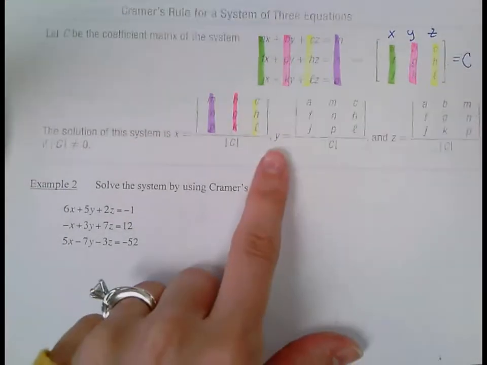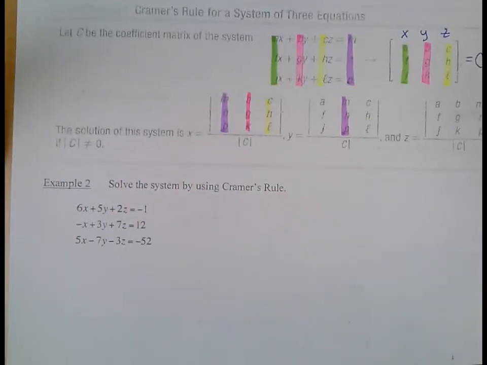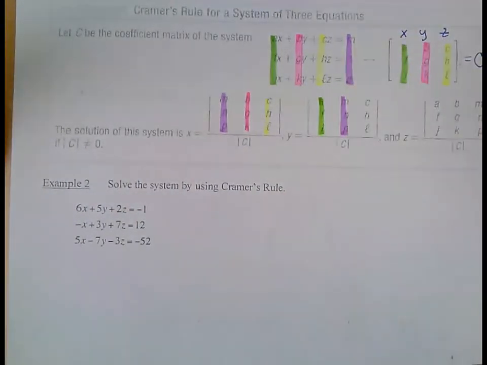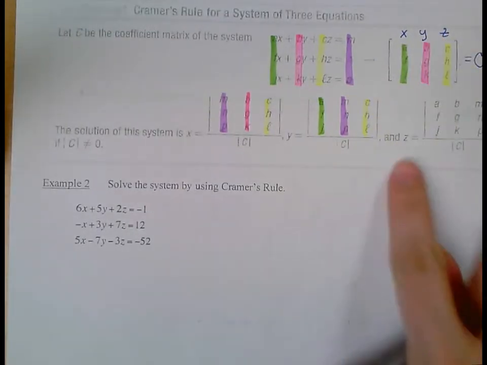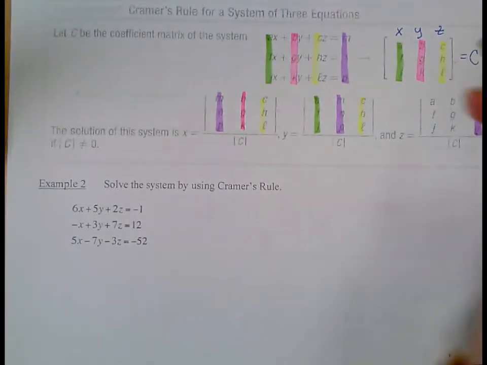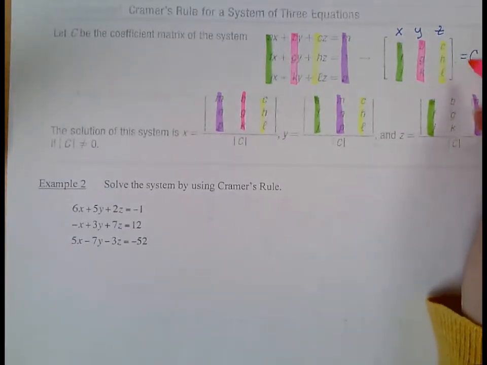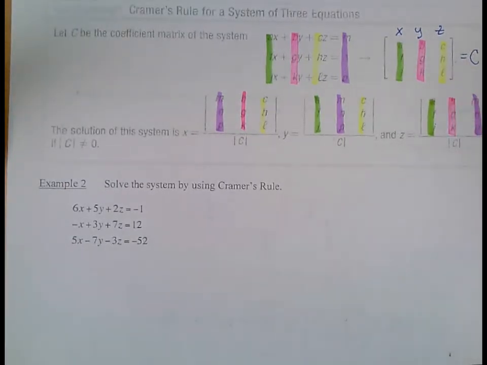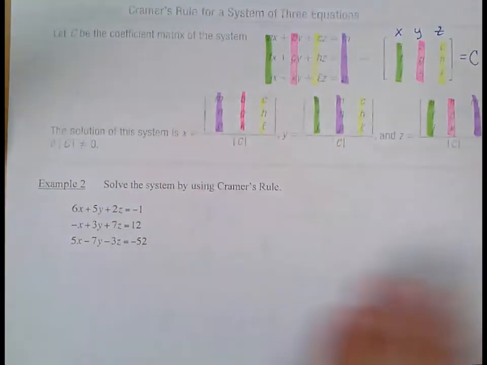When you're trying to find y, you replace the y column with your column of constants, but your x column and your z column stay the same. And when you're trying to find z, you replace the z column, and your x and your y columns stay the same. So whichever variable you're trying to find, that's the column that gets replaced. That's a way to help you remember it, not that you have to memorize the formula.